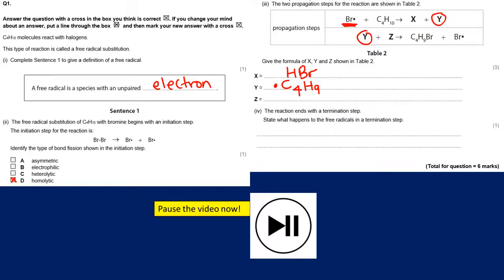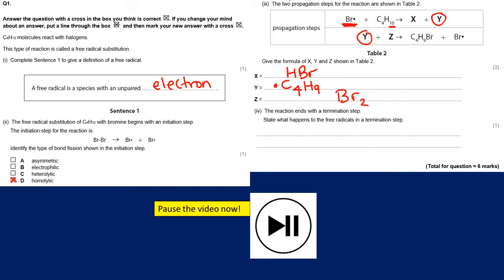And then one of those hydrogens is now gone, so that's why it becomes C4H9. And we mustn't forget to draw that dot to show that that C4H9 is now a free radical. So Z, in the second propagation step, this newly formed free radical Y reacts with another halogen, so Br2.